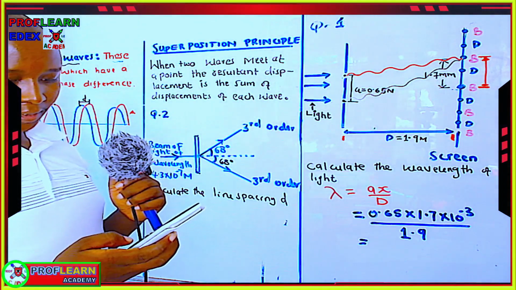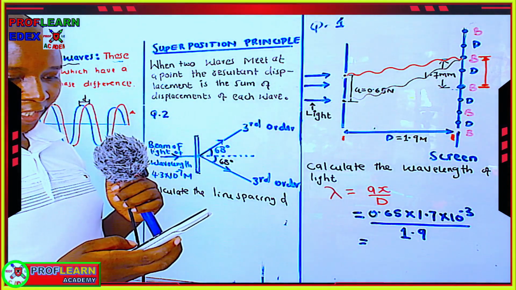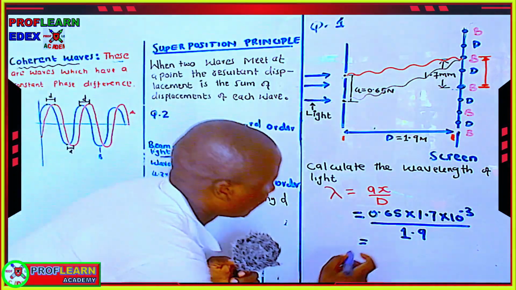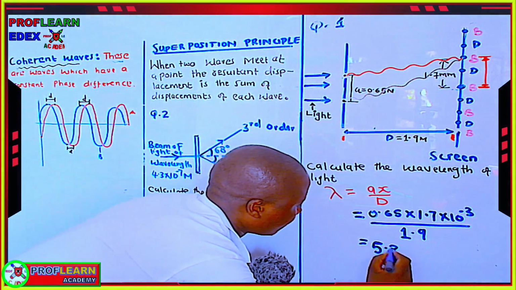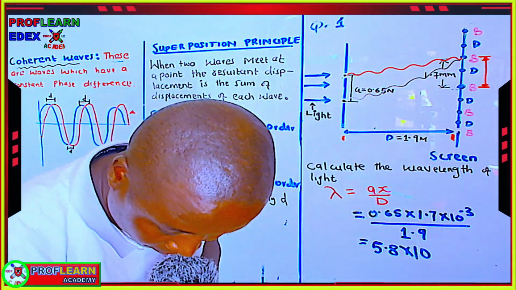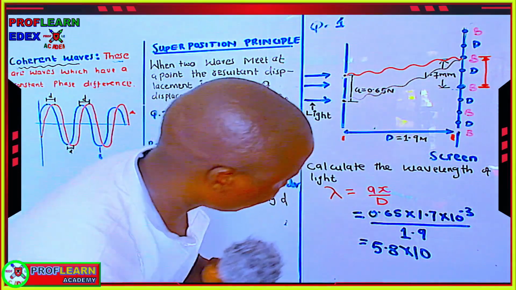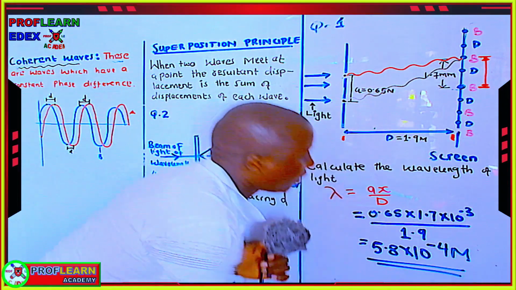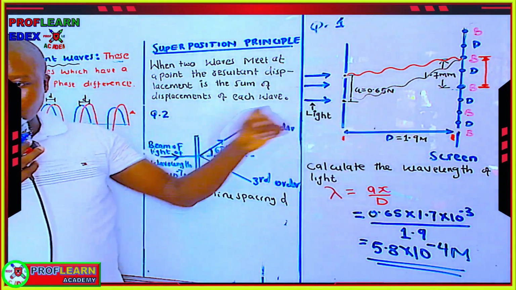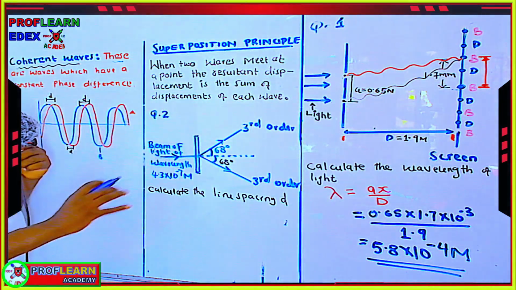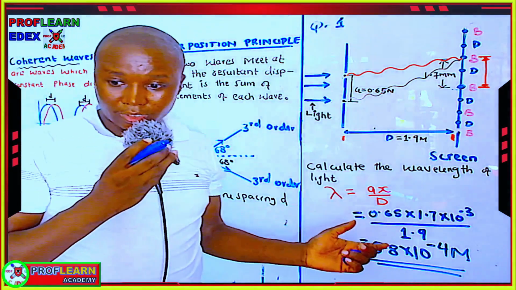Working it out, I'm getting my answer as 5.8 times 10⁻⁴ meters. This is the wavelength of this particular wave. So this is the formula you use in order to work it out.